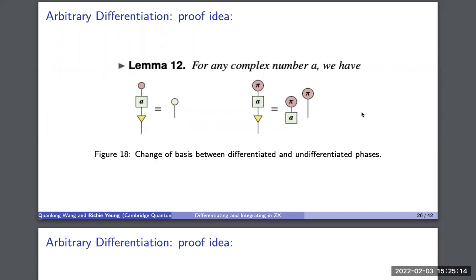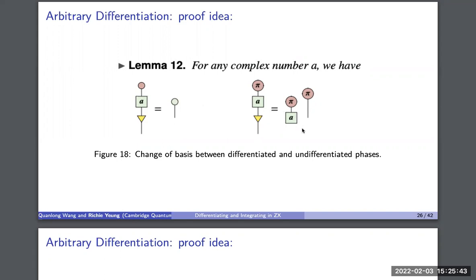If you look at this diagram, this lemma, it turns out the difference between a differentiated spider and an undifferentiated spider can be expressed as a change of basis. So if you imagine there's a parameterized spider here and here, on the left-hand side, if it's undifferentiated, you get the original one-legged spider, and you can pull a green dot out here.